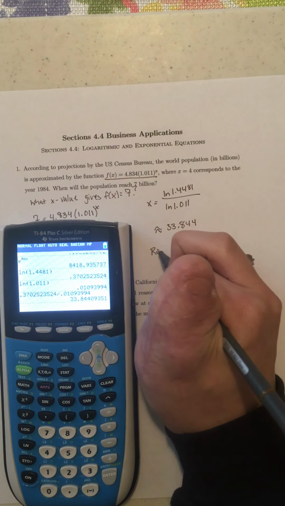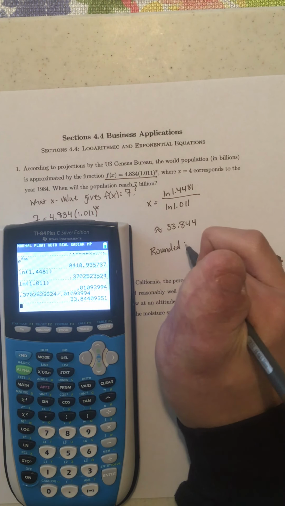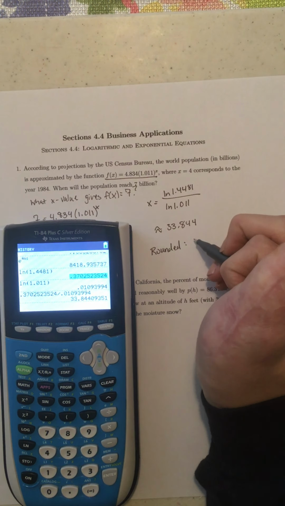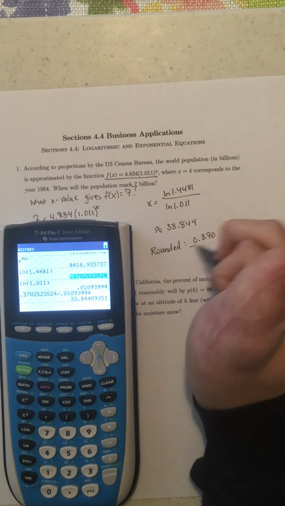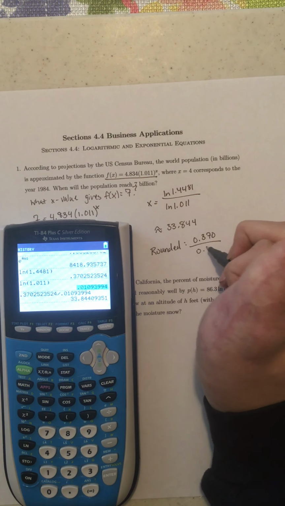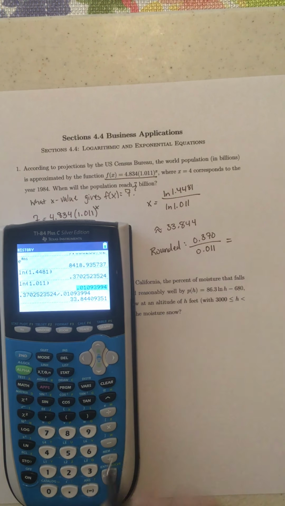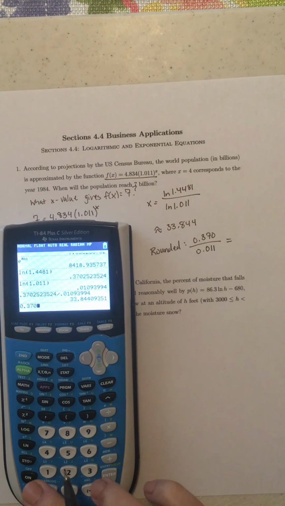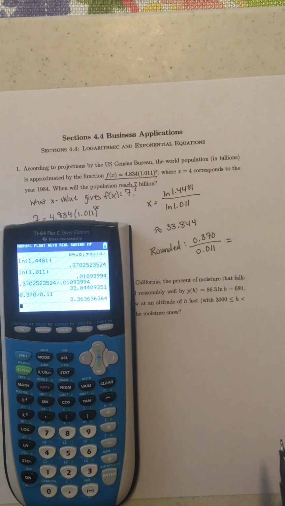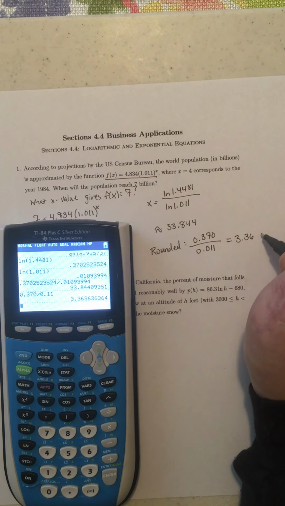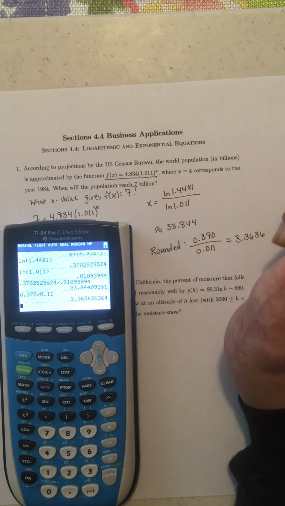So if I had rounded, then I would have gotten, so this is my numerator right here, 0.370, and then my denominator would be here, 0.011, so 0.370 divided by 0.011.